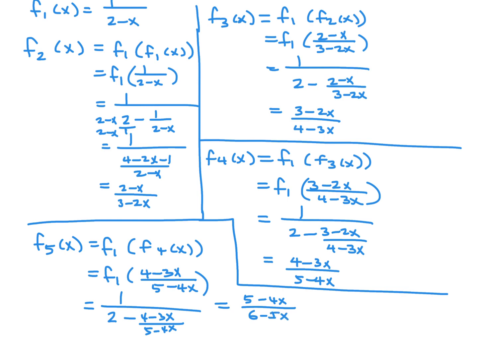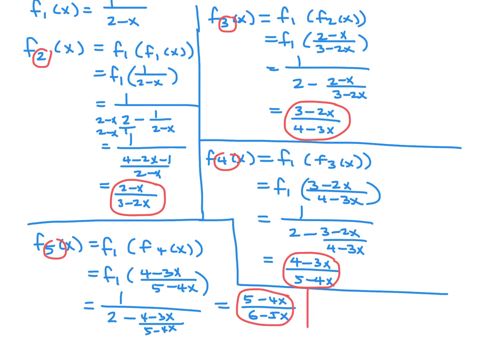Okay, so I think by now you should be able to get a little bit of a pattern. F at 2 is this guy. F at 3 is this. F at 4 was this. And F at 5 was this. So I conclude that Fn, I should say, the correct way I think to pronounce it, is Fn at x would be, let's see if I can figure this out here.